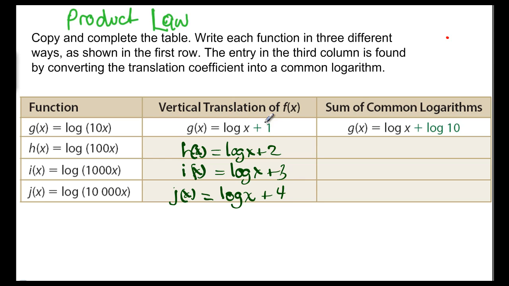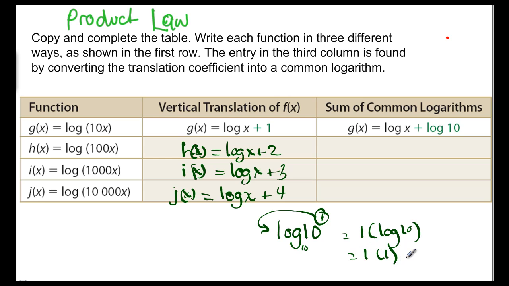Now another way of writing 1 is the common log of just 10, because remember that there's a base 10 here, and whatever the exponent is by power law, that out in front, is equal to 1 times the common log of 10, which itself is really just equal to 1. So that's what this is saying here.